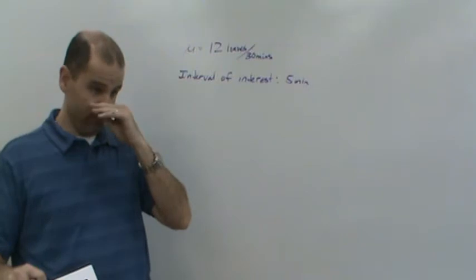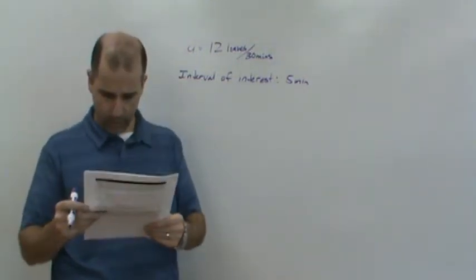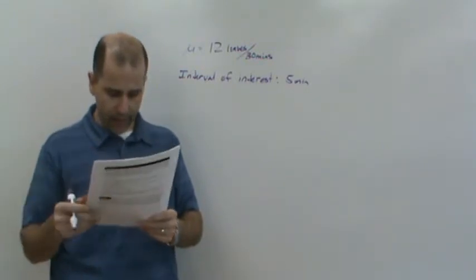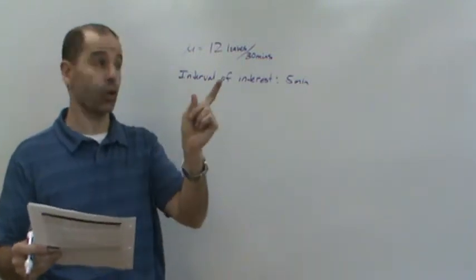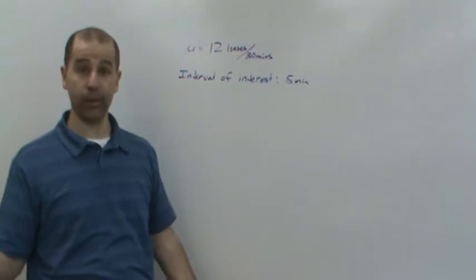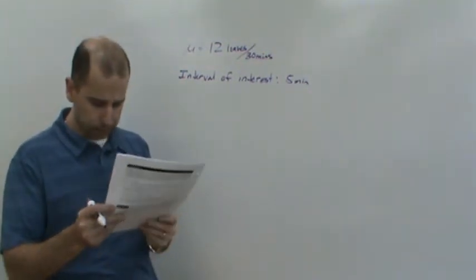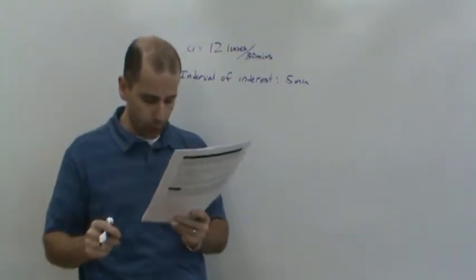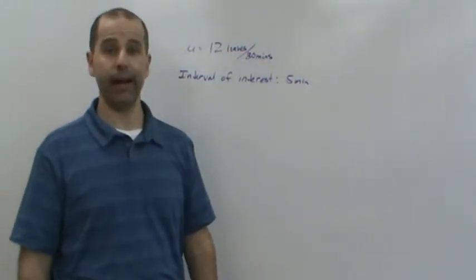They didn't even tell us otherwise. We're only interested in 5 minutes. So they give us a rate. The rate is per 30 minutes. We're interested in any 5-minute period of time at this bakery. Okay? So now, what is the average number of loaves of bread put on in 5 minutes?